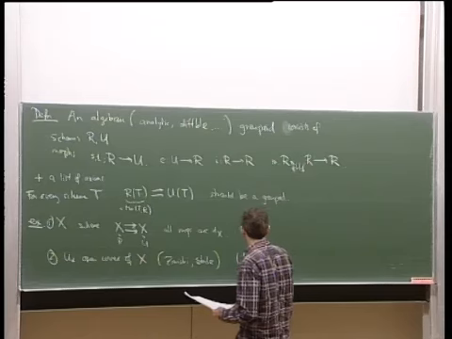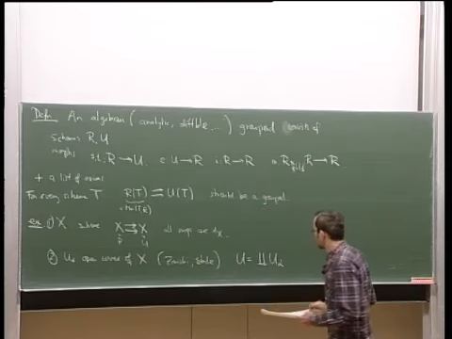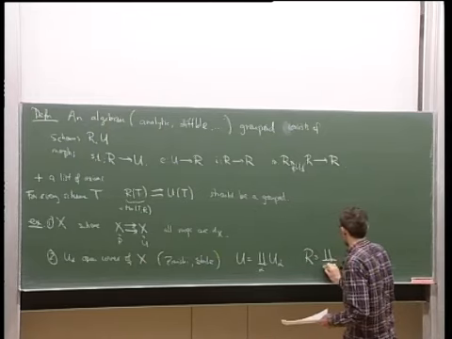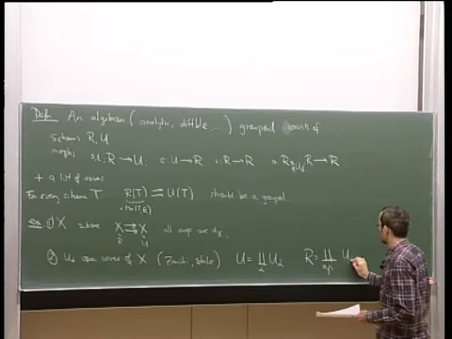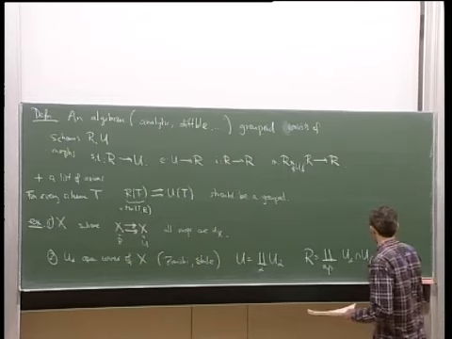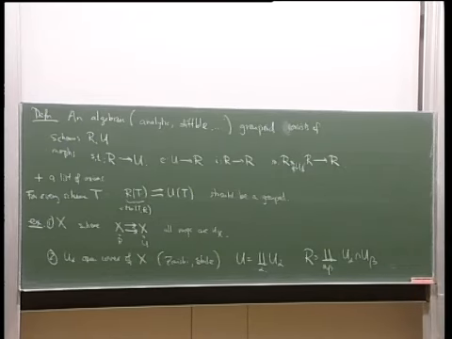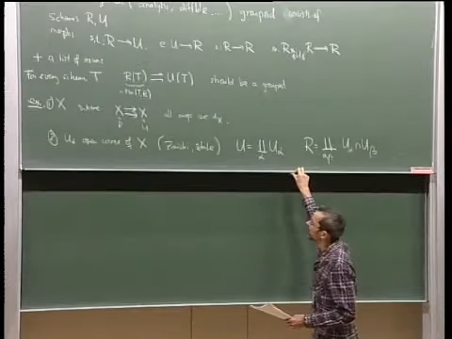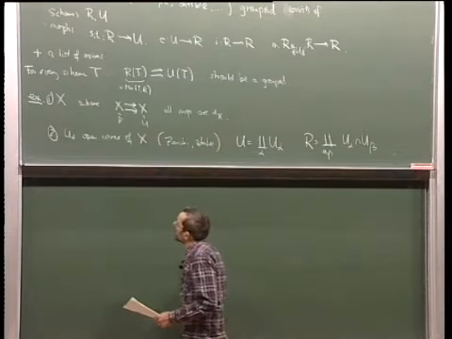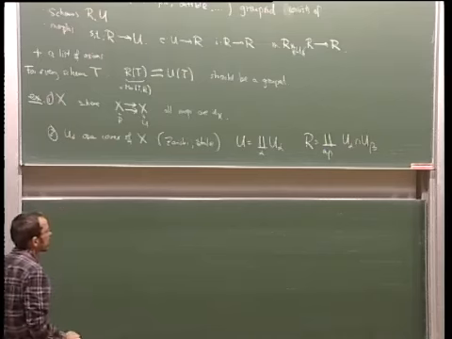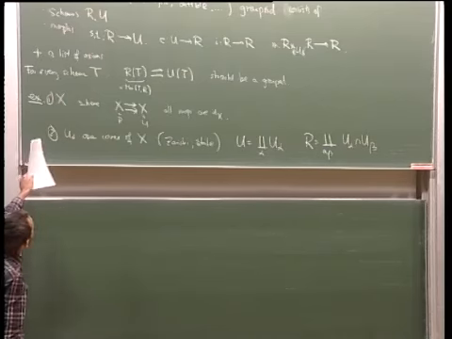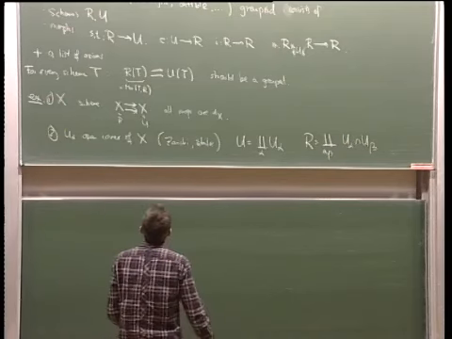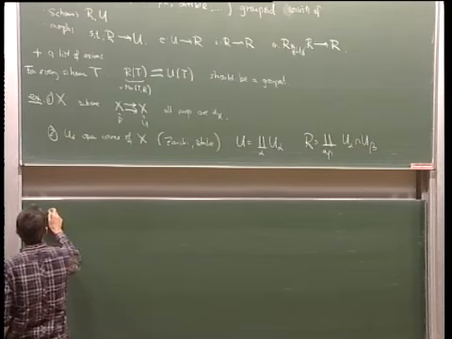Then define U, the disjoint union of all these U alphas, and R, the disjoint union over all the intersections. And then I leave it to you as an exercise to figure out what all these maps S, T, E, I, M are in this case, and that this is an algebraic groupoid.